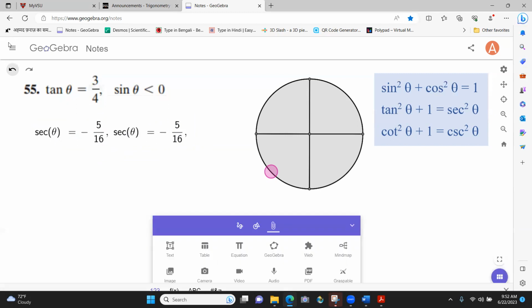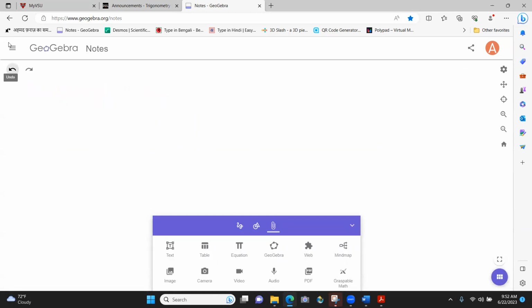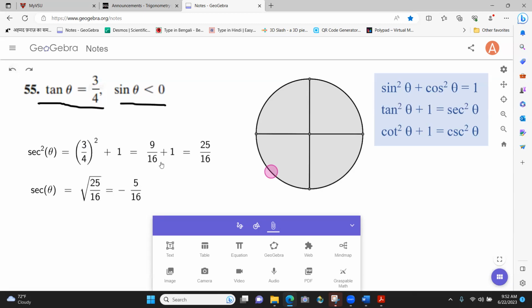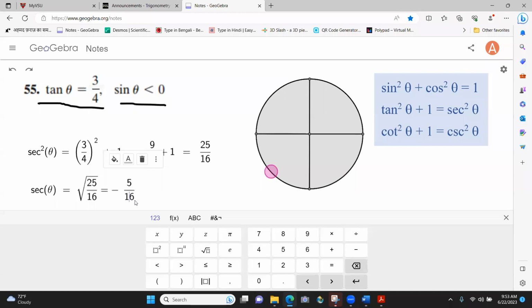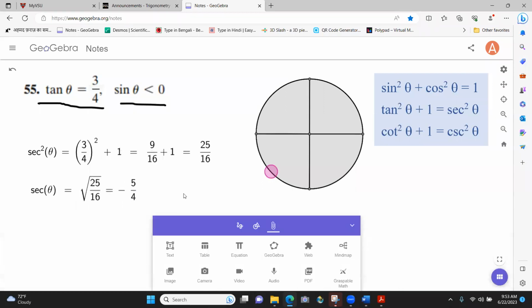I made a tiny error. Let's fix it. The square root of 16 is 4. So it's actually going to be 5 over 4, and we explained why it should be negative.